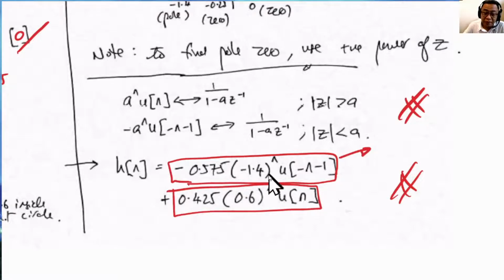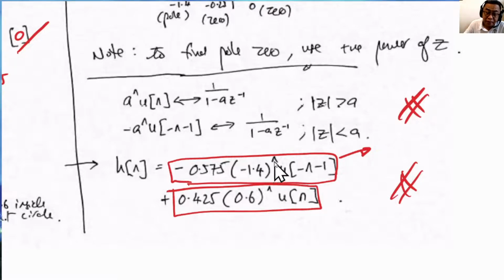Now, in this anti-causal sequence, you would be thinking minus 1.4 to the power of n, but because this is u(minus n minus 1), n exists only from 0 to negative infinity. Go and check. In fact, n starts from minus 1 because of this unit step delayed or advanced by 1.